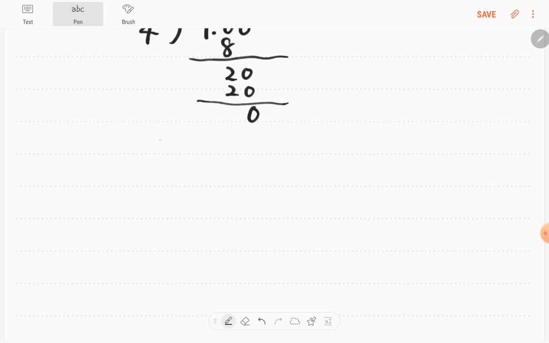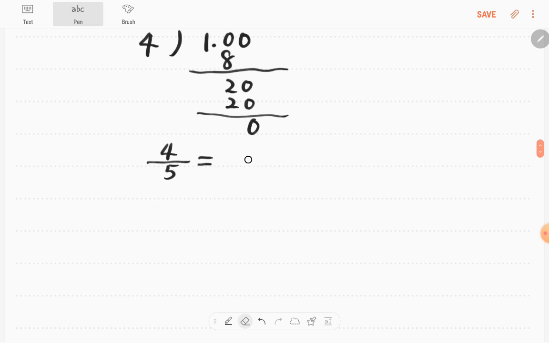If we want to write 4/5 into a decimal, we can write it as 4 divided by 5, right? Then we use long division to do it.